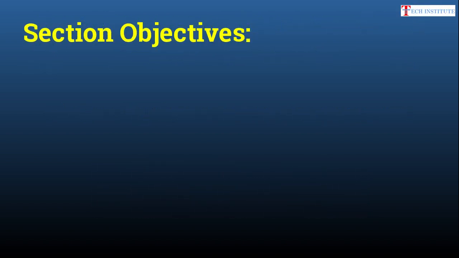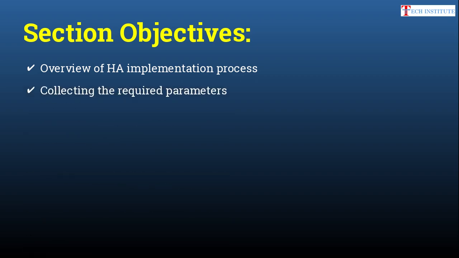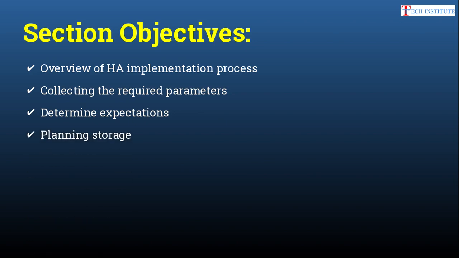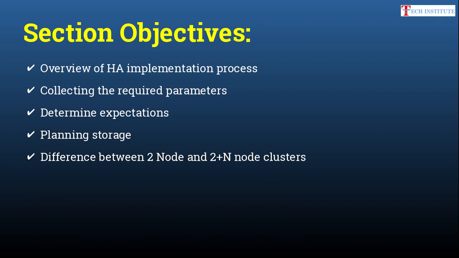This is a lengthy tutorial series, so what I have done, I have made it into 7 parts. Each part is: first an overview of the HA implementation process, then collecting the required parameters, then determining the expectation for the HA cluster from the customer, and then planning the storage.